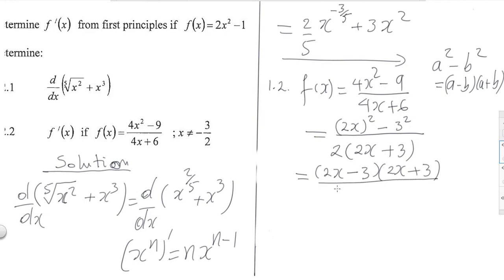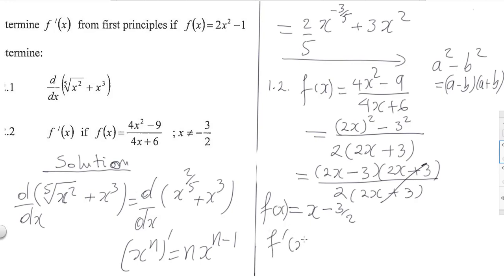All over we have a 2, and then we have a 2x plus 3. Then you cancel here, okay? Therefore, you'll have 2x divided by 2 will be x, and then you have a minus 3 over 2. This is what you simplified.